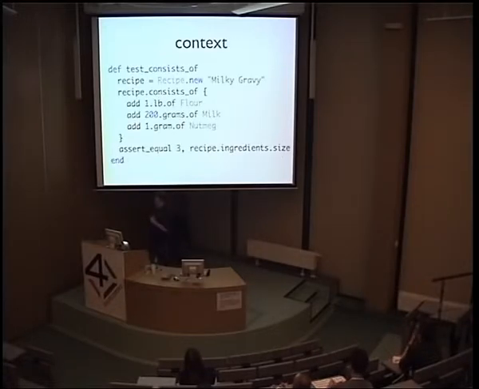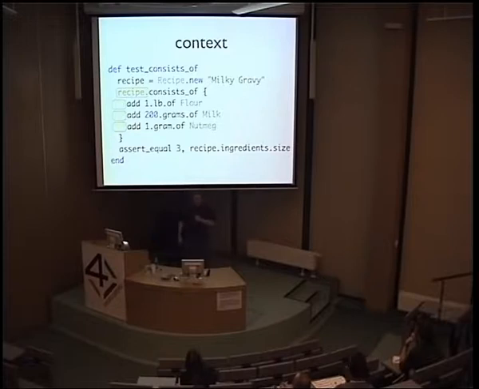Call some code like this, recipe.consists of, what it is basically doing there with the instance eval is taking this recipe context and automatically adding it as an implicit object dot in front of each one of these methods that get called.